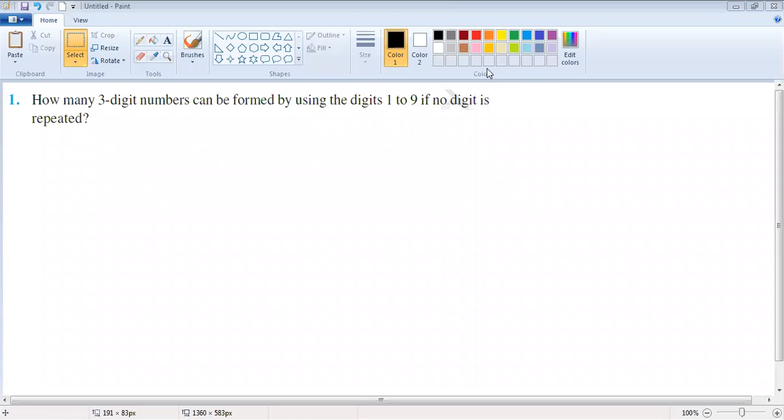Okay, so now we will do some questions from the exercise. Look at the first question. How many three-digit numbers can be formed using the digits 1 to 9 if no digit is repeated? आपके पास digits हैं 1 to 9, so total 9 digits are there.